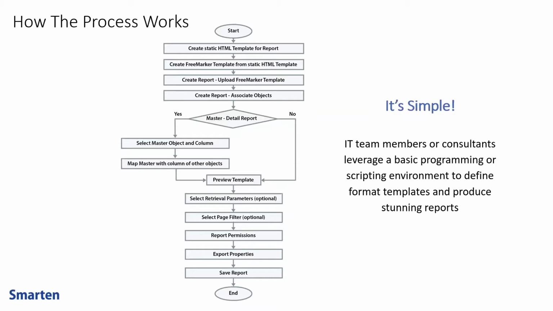You create a layout, then you upload that layout file. In parallel, you create Smarten data sets, you create the reports or charts that you may be using in your HTML template that you have defined for the report.